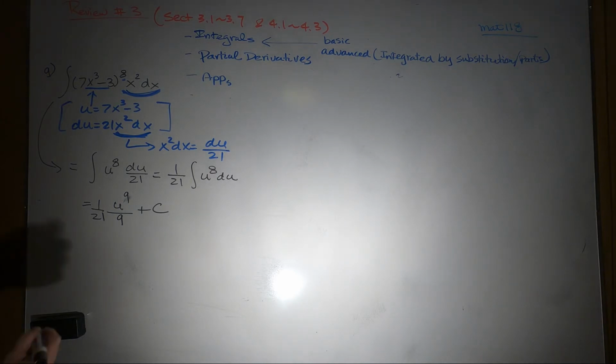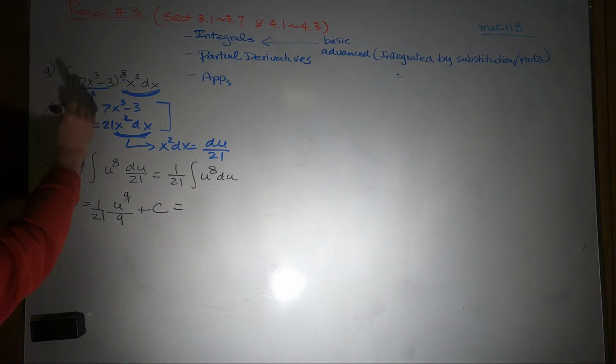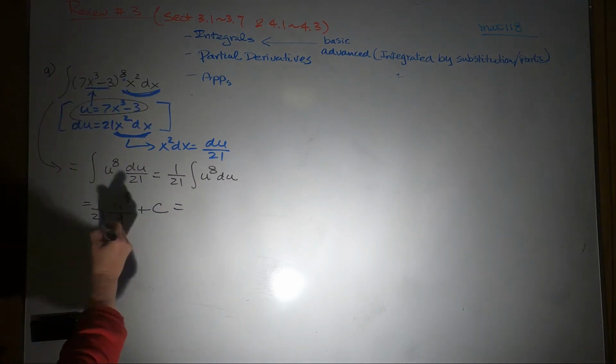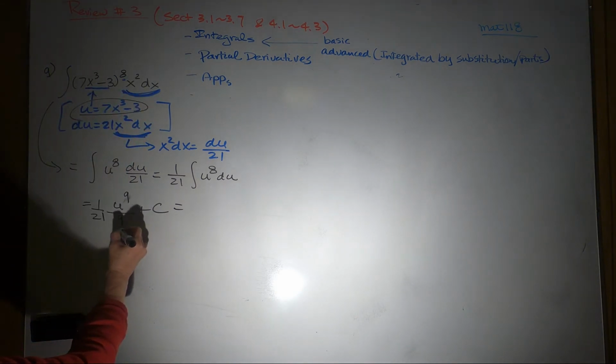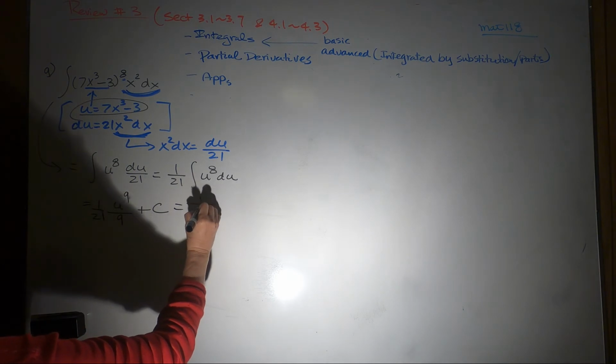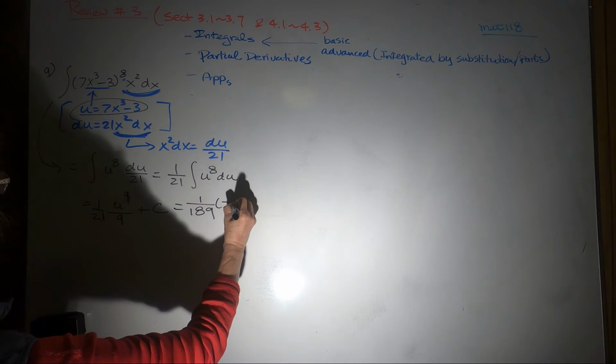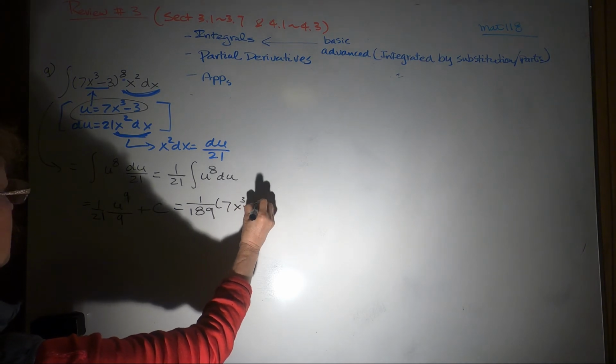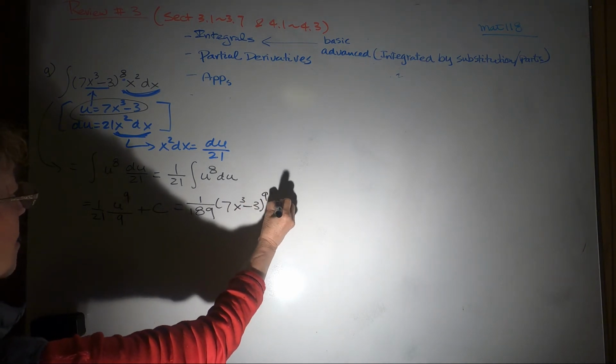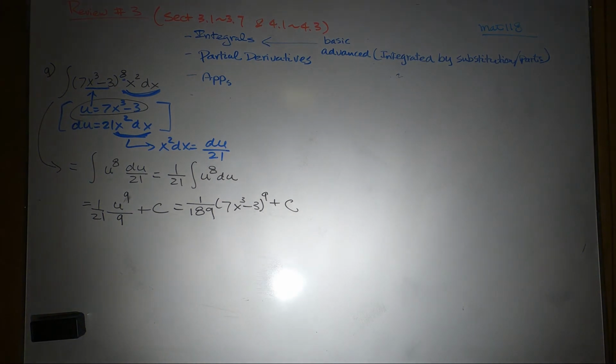So what do we have? 21 times 9 will be your 189. Then u is this, (7x cubed minus 3) to the 9th power plus c, right?